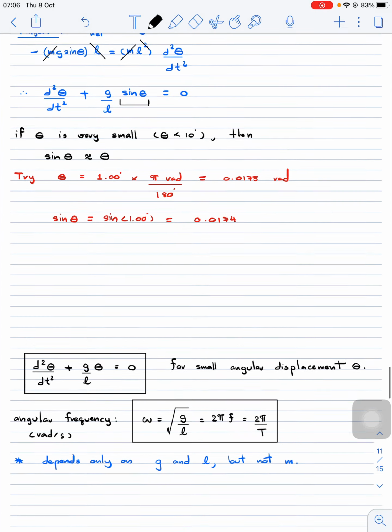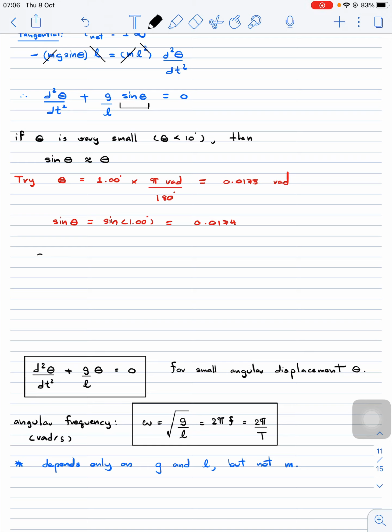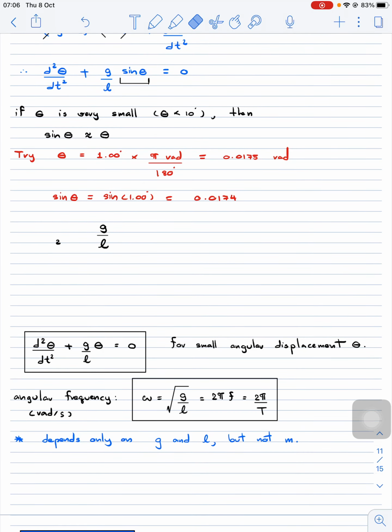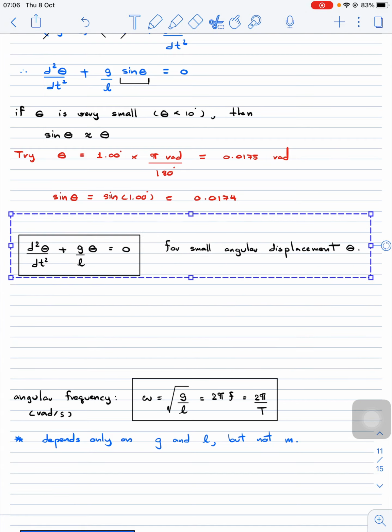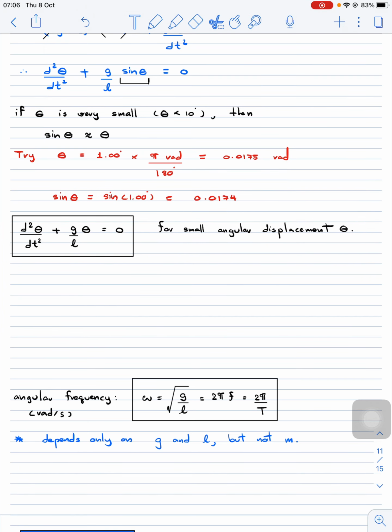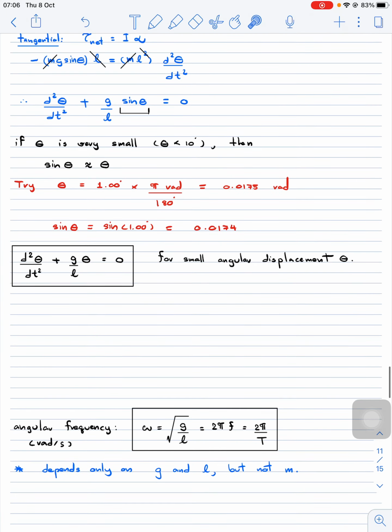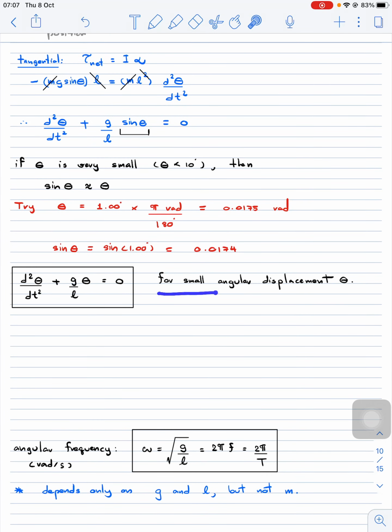Then we have d square theta by dt square plus g over L times theta, for small angular displacement, equal to 0.